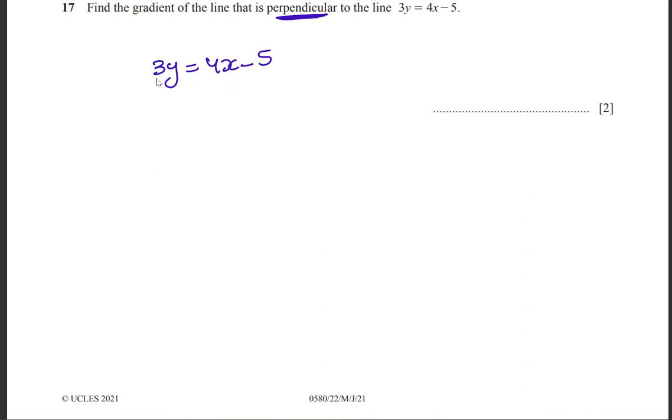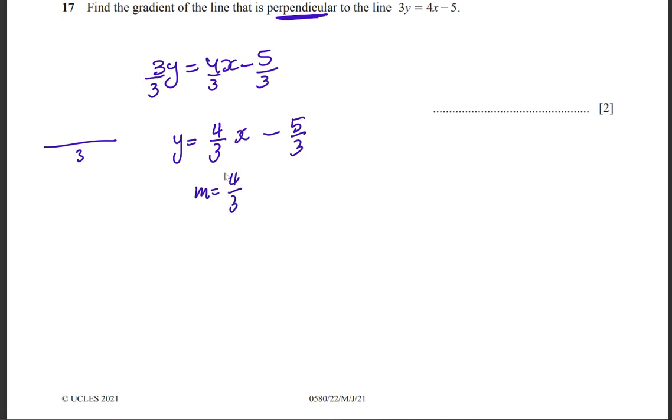So I'm going to divide by 3 the whole equation. Don't divide the whole equation like this by 3. Divide each number by 3. y equals 4 over 3 x minus 5 over 3. So from here the gradient equals 4 over 3.